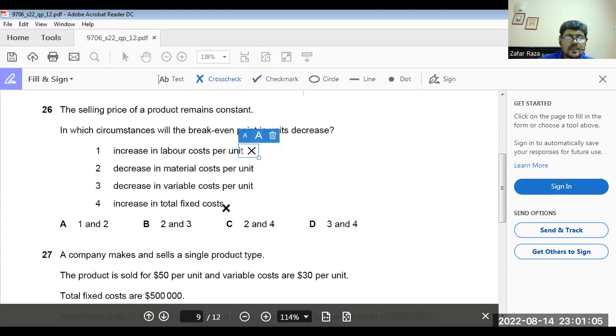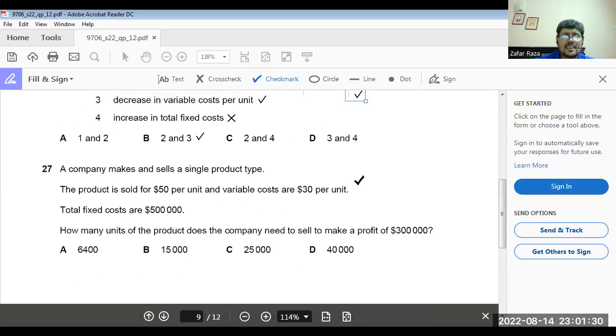Increase in total fixed cost. No. Okay. Only decrease in material and decrease in variable cost per unit. 2 and 3 could be the answer. So answer is option B. Getting my point here. Increase cannot decrease the break-even point. Okay.